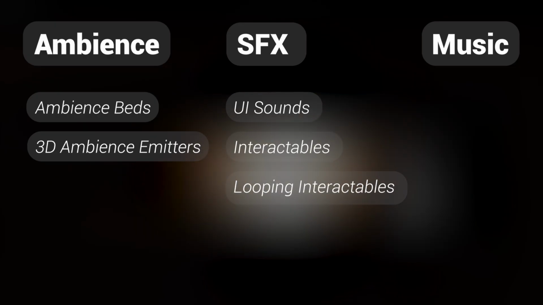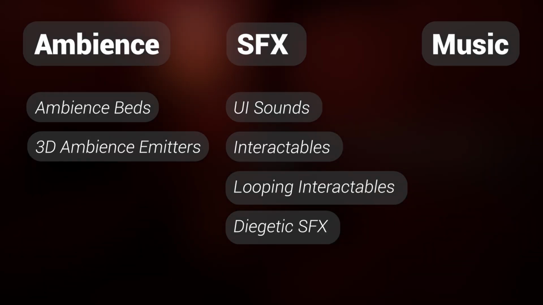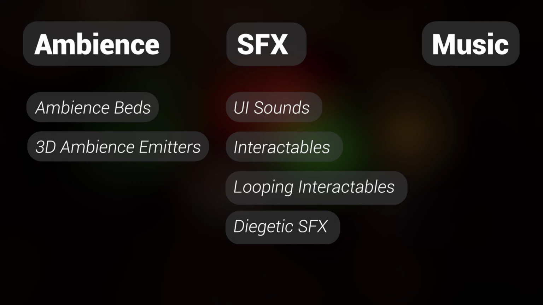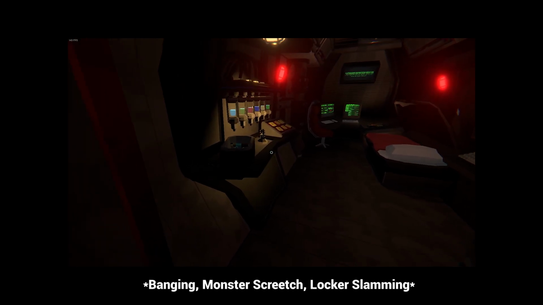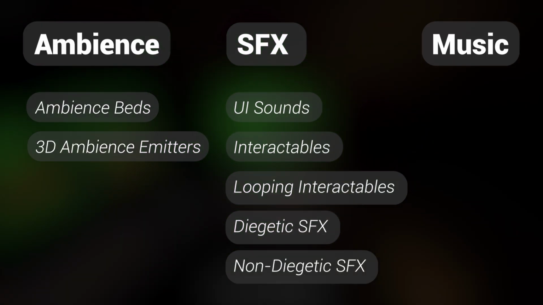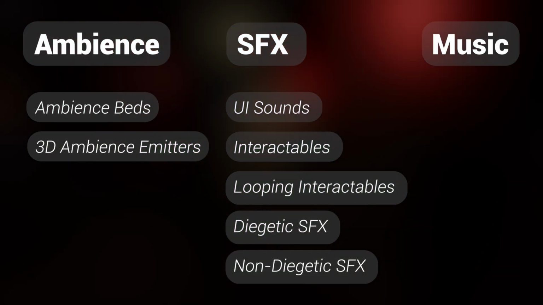Looping interactables, which is more of the same thing but in a looping sense. Diegetic sound effects, which are sound effects in the world that play when something happens. Non-diegetic sound effects, which are a more supporting cinematic sound effect.